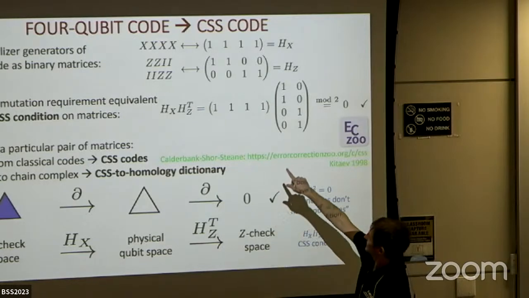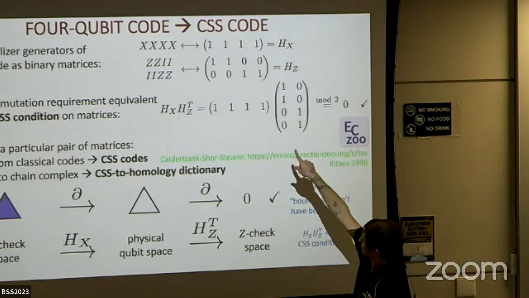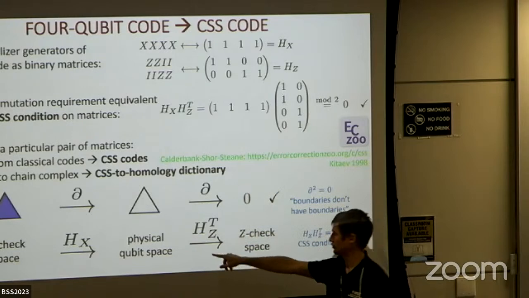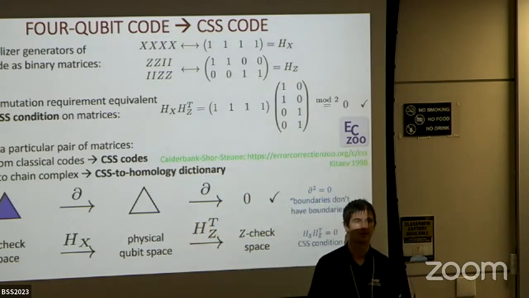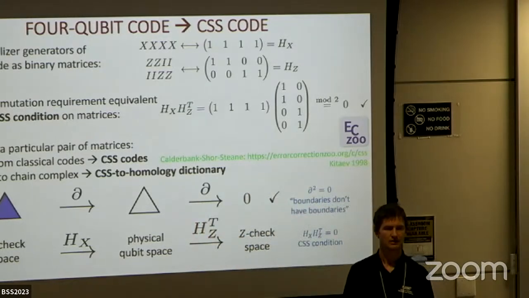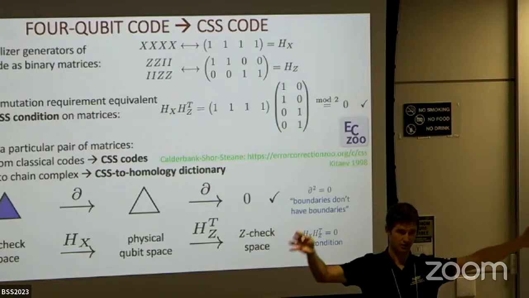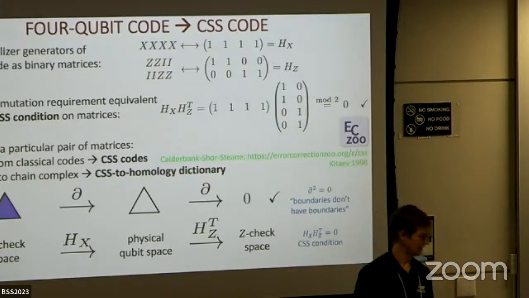I'm mapping the choice of what you pick for X and Z stabilizer generators to boundary maps in homology, yes. Yes, you can embed it into a larger chain complex with other pieces in it, yes.